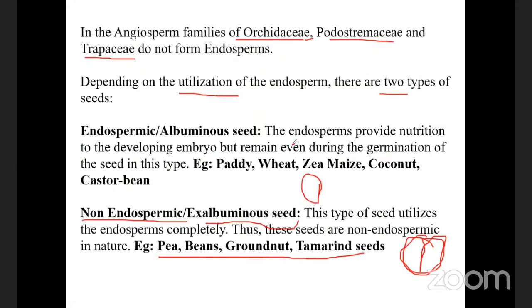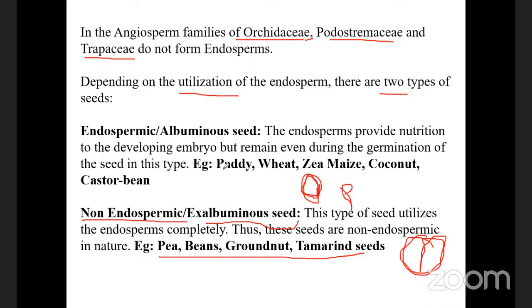Whereas if the endosperm remains in the seed, even after utilization of the endosperm for the development of the mature embryo, some part of the endosperm will remain. That remaining endosperm we call perisperm.